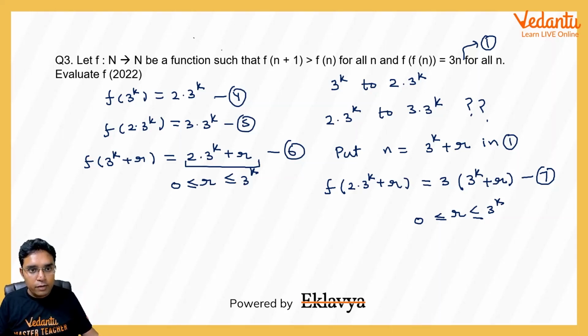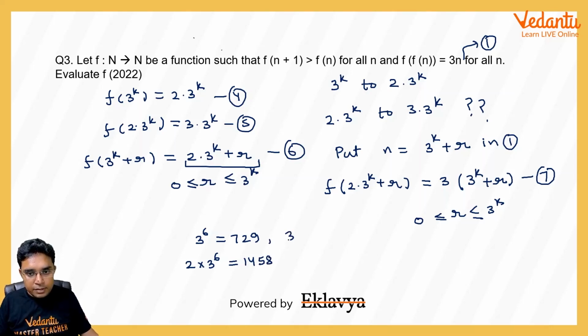Now we have to find f of 2022. Now 3 power 6 is I think 729. If I multiply this by 2, this becomes 1458.